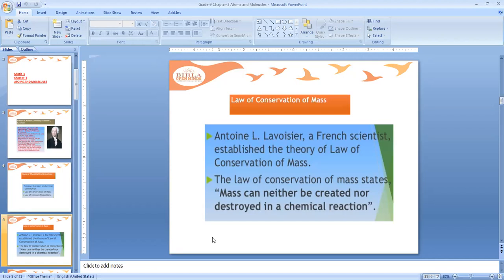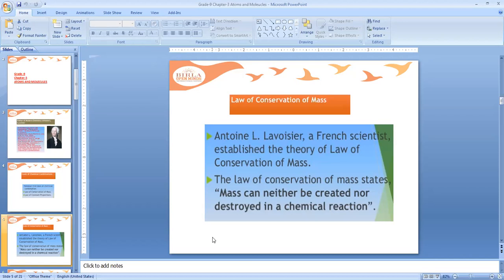So when we are talking about the mass of a particular molecule or compound, we will not consider how many protons, electrons or neutrons there are. We cannot decide based on the positivity or negativity of that particular element. The mass totally depends on the nature of the compound.